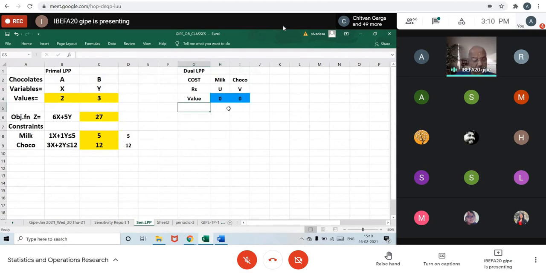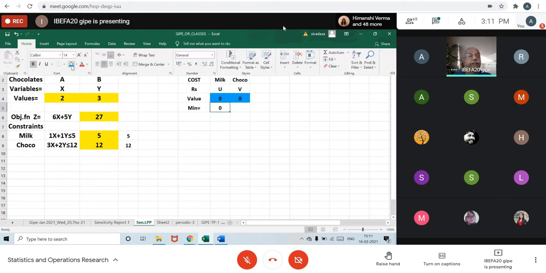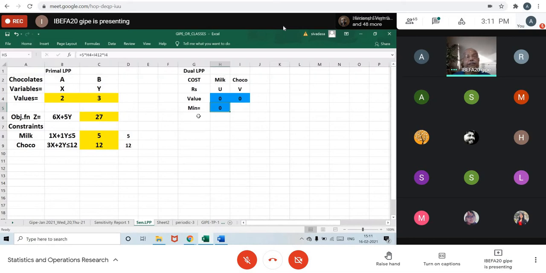So my objective function will be minimum equal to 5 multiplied by the cost of milk plus 12 multiplied by the cost of choco. And in our primal problem it is maximum.